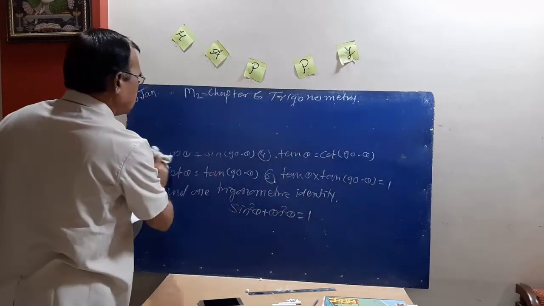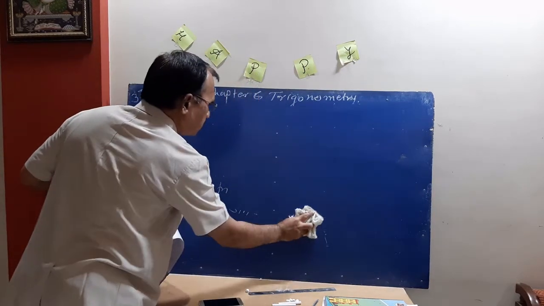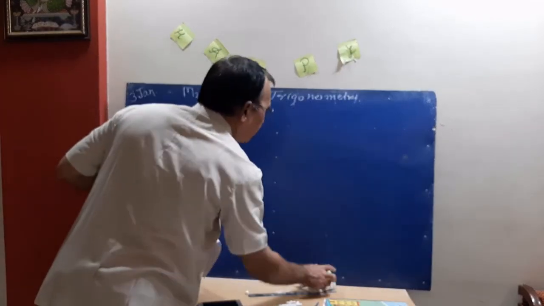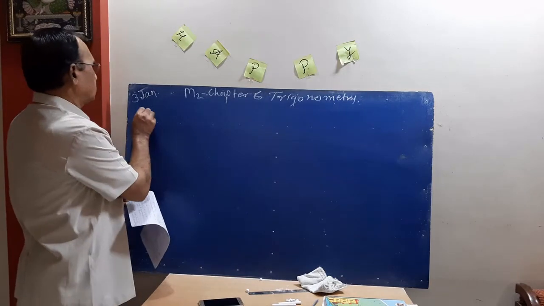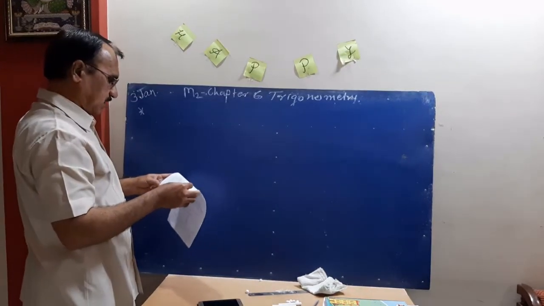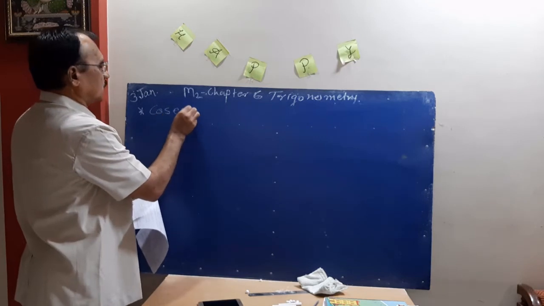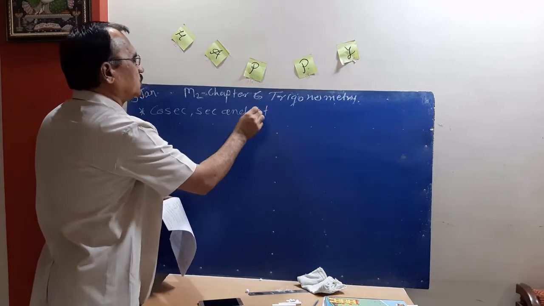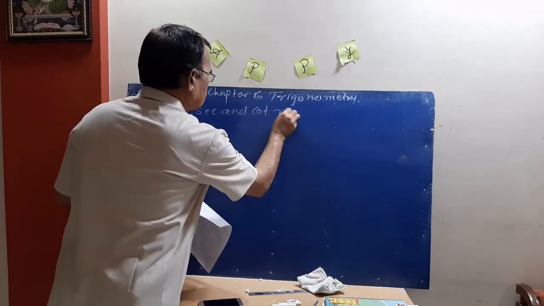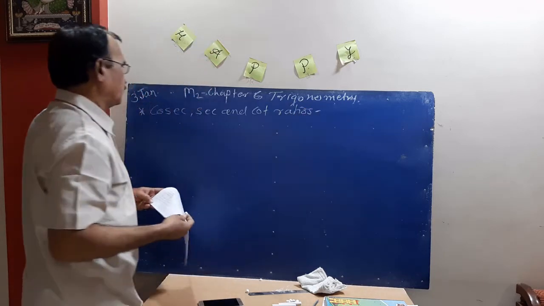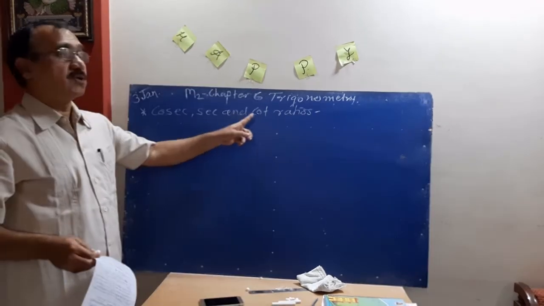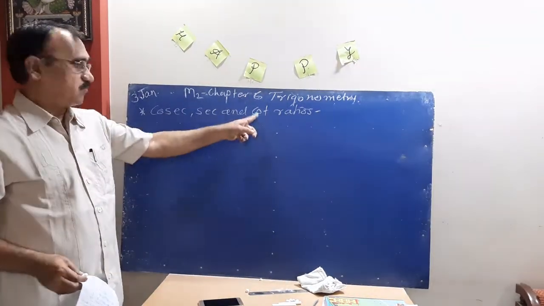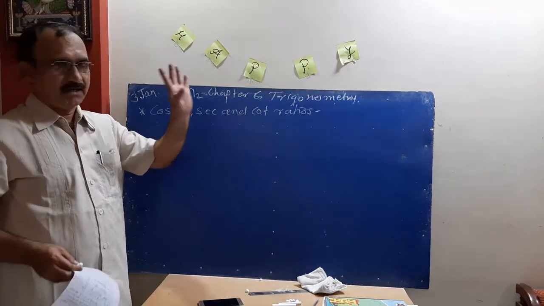Now next topic, the remaining 3 ratios we learn here in 10th standard. Write down these cosec, sec and cot ratios. Cosecant, secant and cotangent. Short forms cosec, sec and cot; full forms cosecant, secant and cotangent.